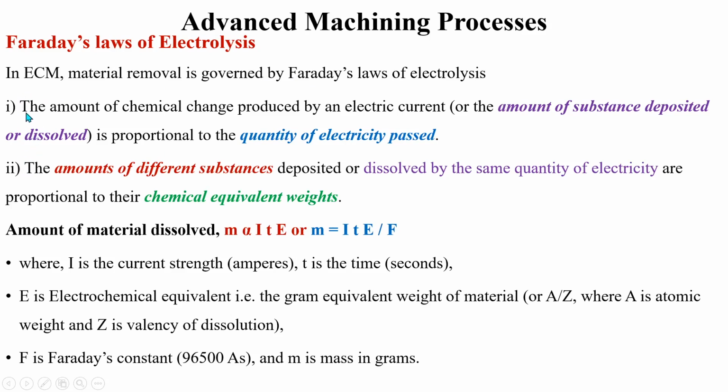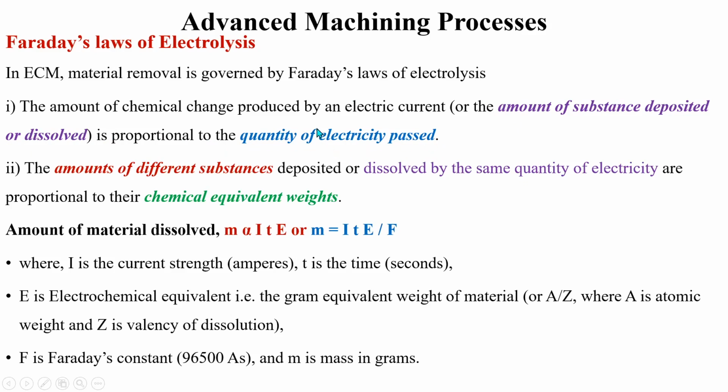The first law states that the amount of chemical change produced by an electric current, that is the amount of substance deposited or dissolved, so in electrochemical machining it is the substance being dissolved, is proportional to the quantity of electricity passed.